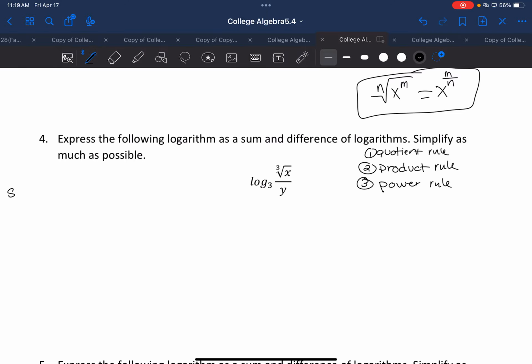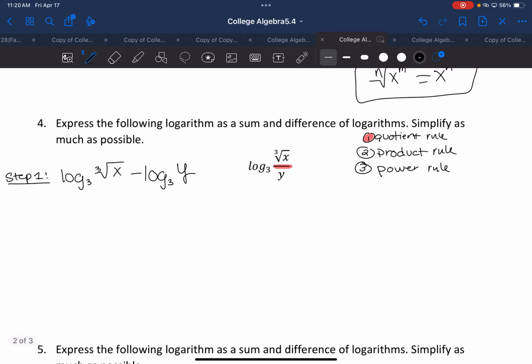Okay, so step 1. I have things being divided in here, so that's my quotient rule. So that would become log base 3 of the cube root of x, because that's my numerator, minus log base 3 of y, because that's my denominator. So that's using the quotient rule.